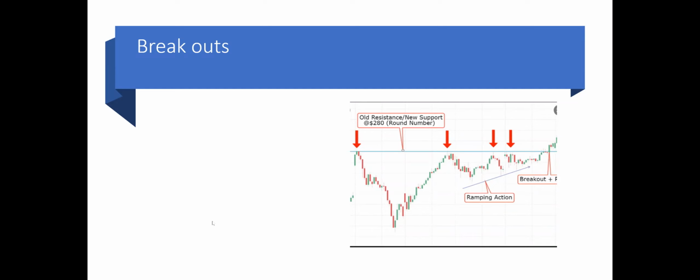What's the name of the author? Let me get it here real quick. It is called Trading Gaps for a Living.